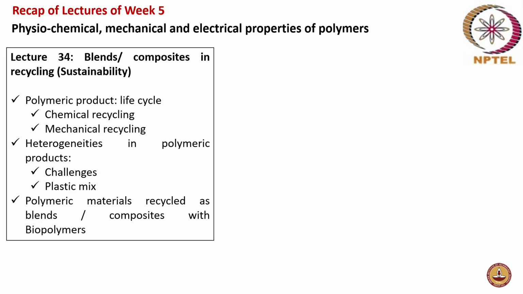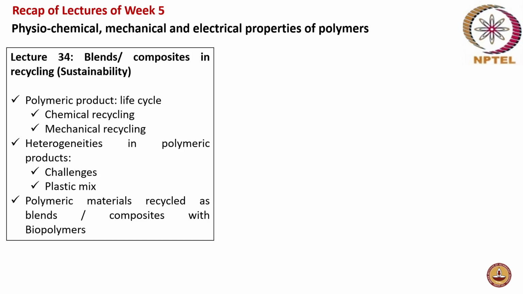Lecture 34 was on blends and composites in recycling. So polymeric product, the life cycle. So this lecture was on sustainability aspects, and chemical recycling, mechanical recycling were discussed, and then heterogeneities in polymeric products, as simple as when you take your polymer packaging, there will be multiple layers, and each layer is made up of different polymeric materials and different additives for giving certain performance.